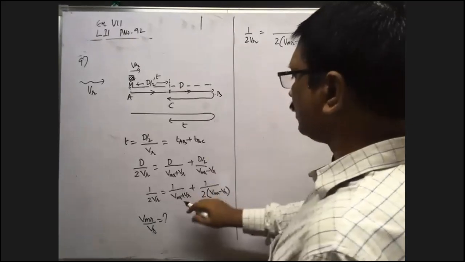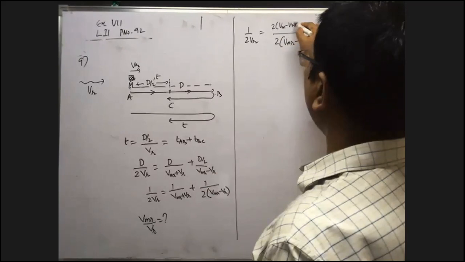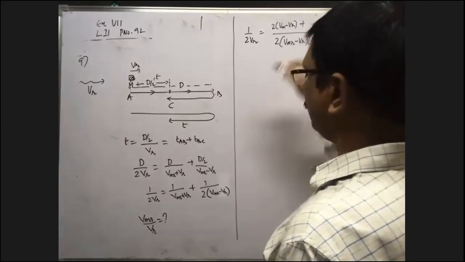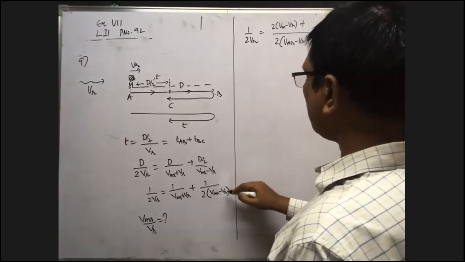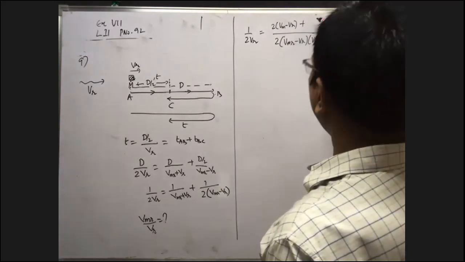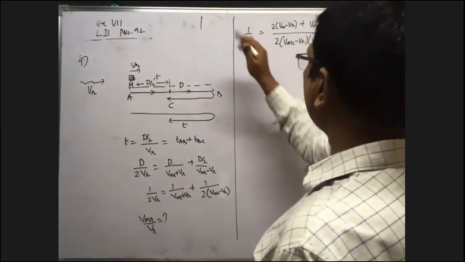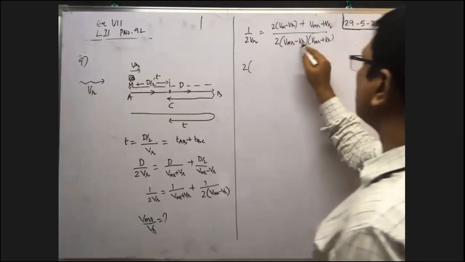As VMR plus VR is there, 2 into (VMR minus VR) we have to write, plus here 2 into (VMR minus VR) is there. Then (VMR plus VR) we have to write. Do cross multiplication: 2 into (A minus B) into (A plus B).